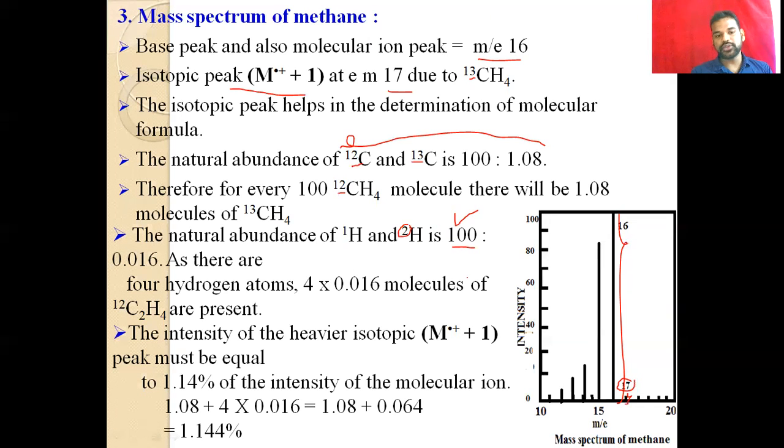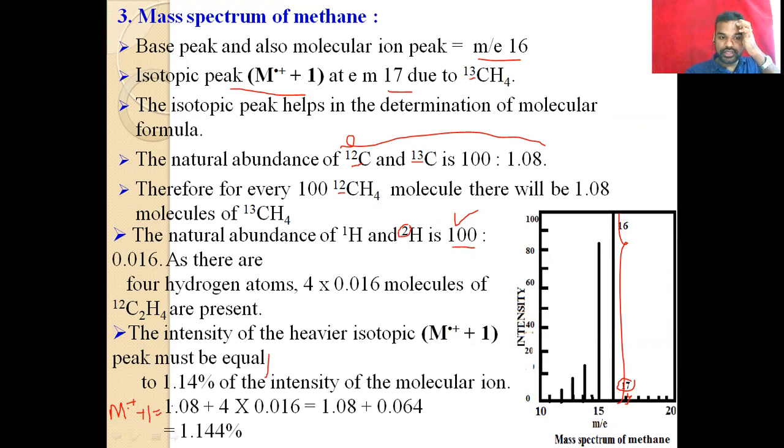We can calculate the percentage of hydrogen isotopes from this formula. So this is the calculation of the M plus 1 peak intensity.